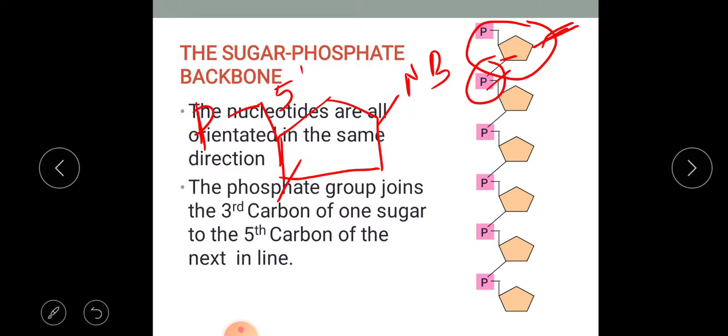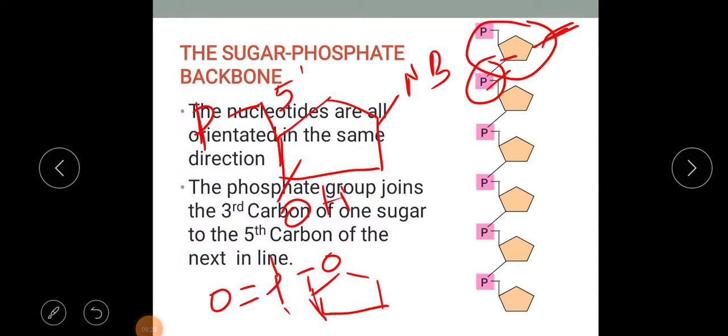Now here you have an OH group on the 3 dash carbon. Consider another nucleotide here also, one more nucleotide, and on the 5 dash carbon definitely there will be one more phosphate group.